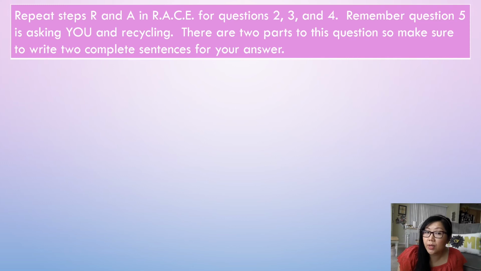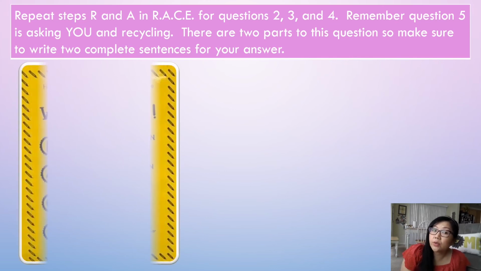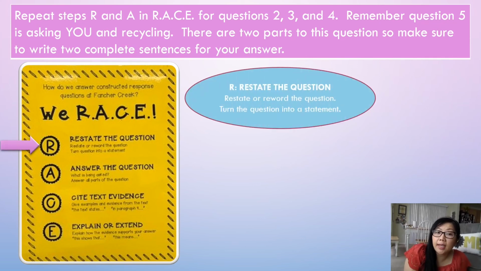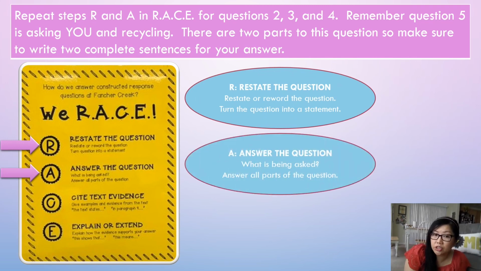And remember, question 5 is asking about you and whether you recycle or not. There are two parts to this question, so make sure that you write two complete sentences for your answer. Okay, so a quick review of the poster. You're focusing on R, restate the question, and A, answer the question.